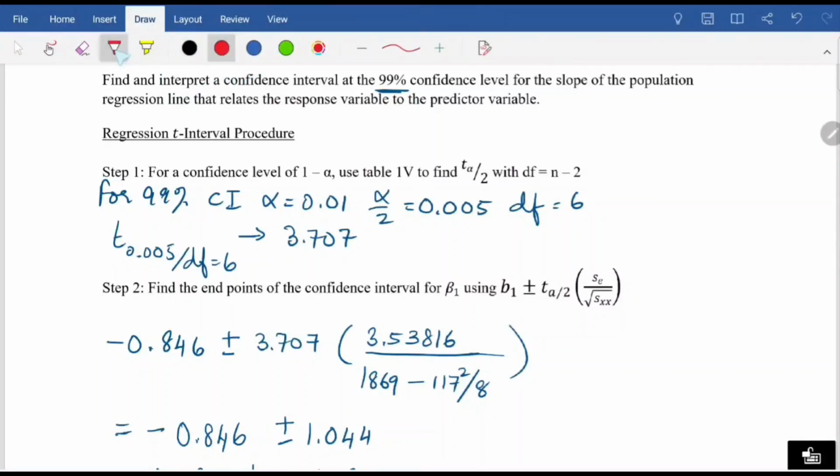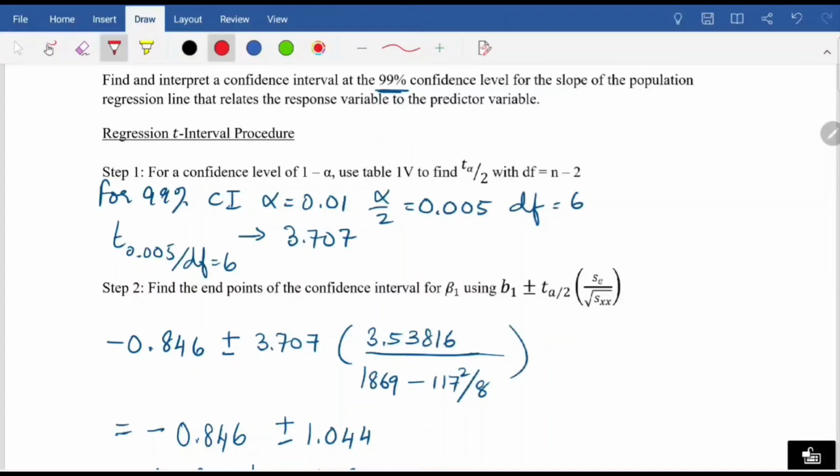Let me pull up my pen. It says find and interpret a confidence interval at the 99% confidence level for the slope of the population regression line that relates the response variable to the predictor variable. So we did the hypothesis test previously. Now we have to find the confidence interval within which the population slope may lie.